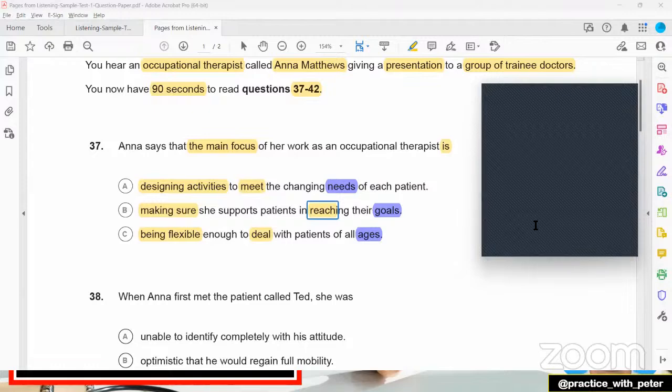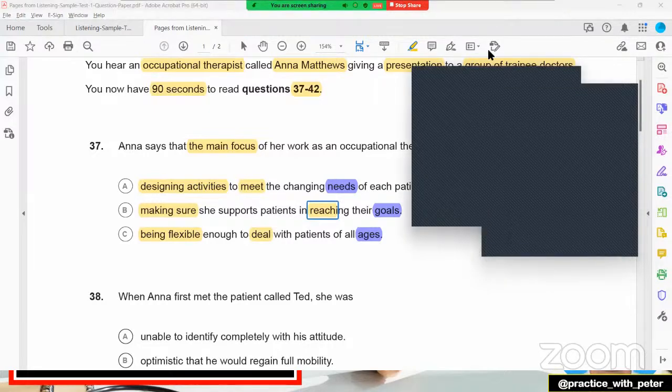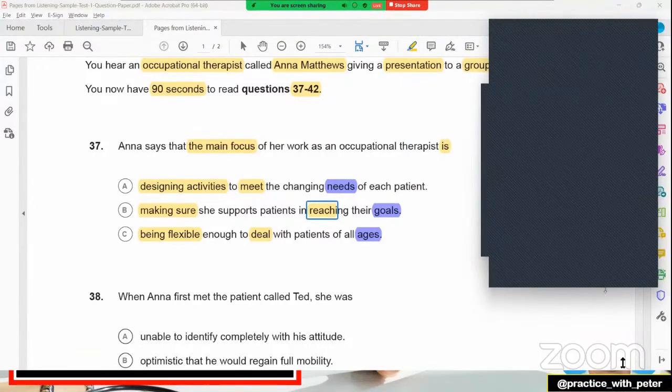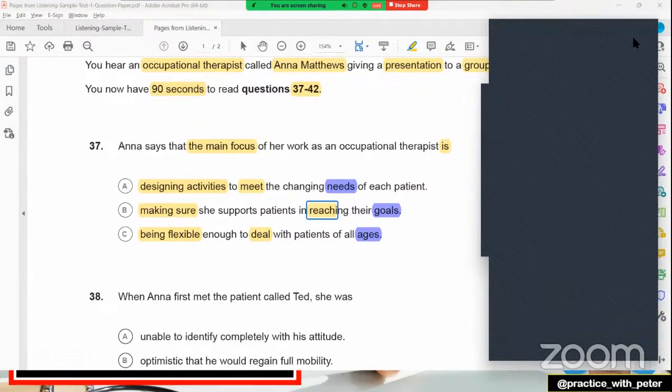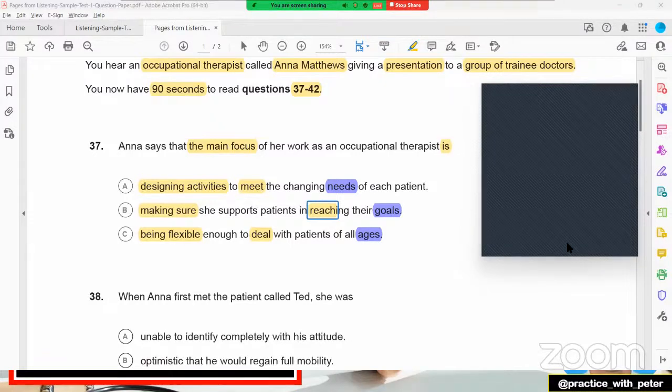Yeah, next one is meet. Achieve. Okay. Realize.